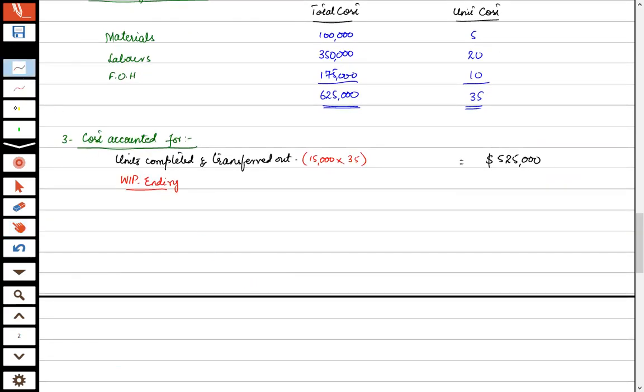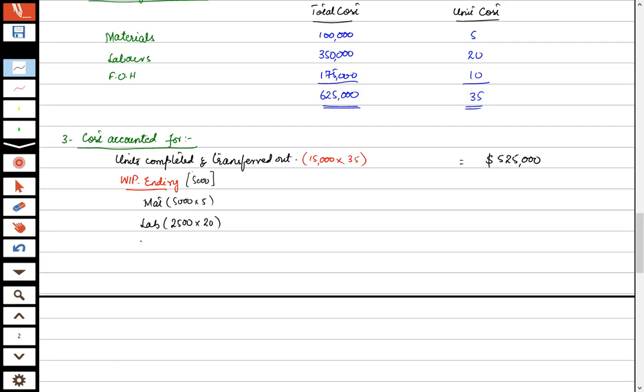Okay. Material: WIP ending units are 5,000 in total. But with respect to material, they are 5,000 multiplied by 5. With respect to labor, 2,500 multiplied by 20.